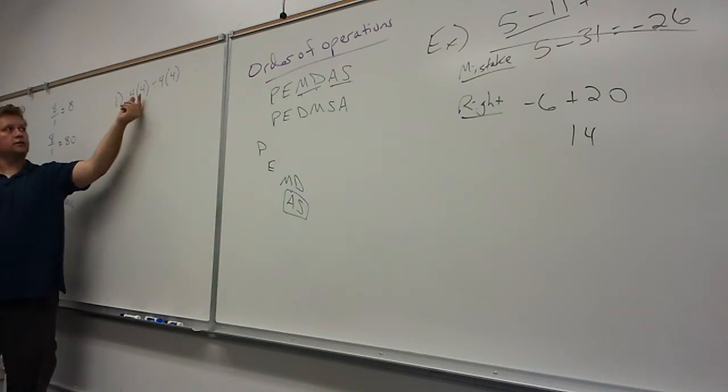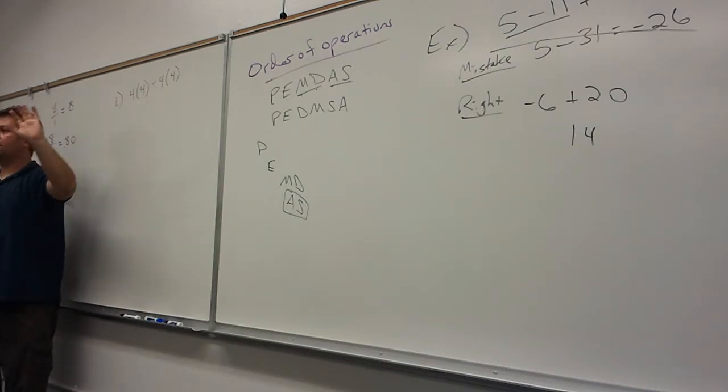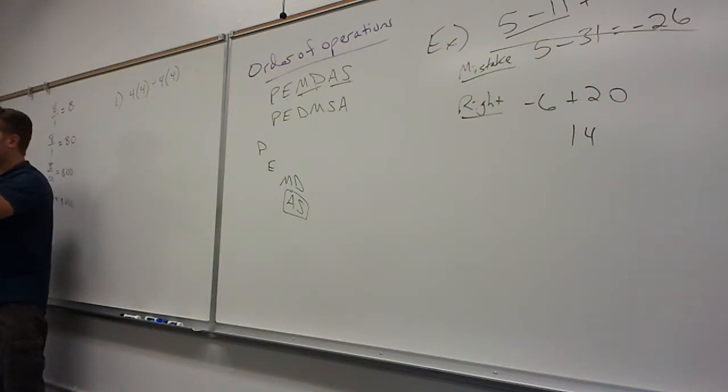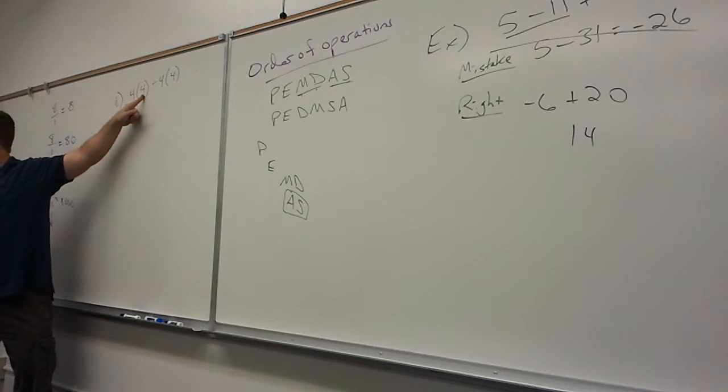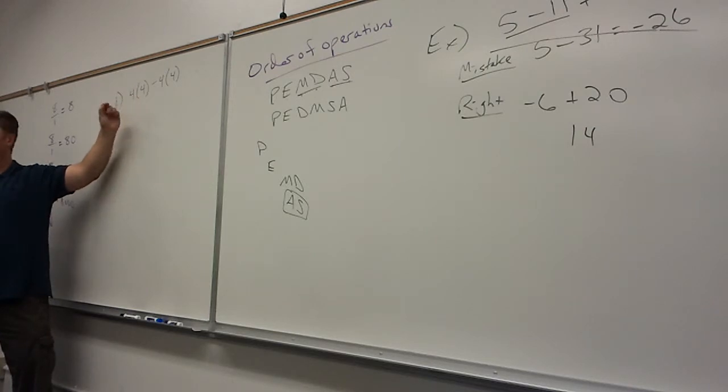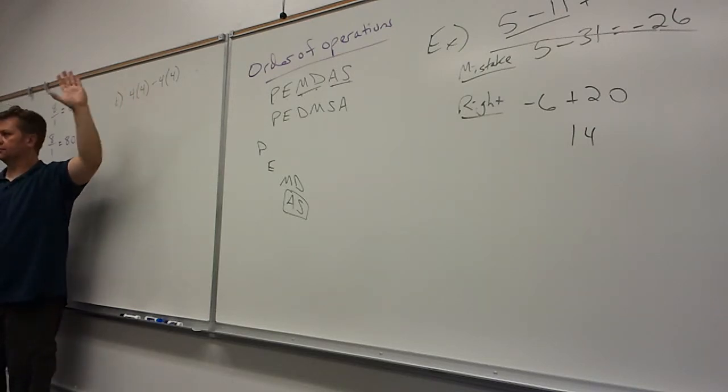Multiply. Now, when I say parentheses, that doesn't mean wherever you see parentheses, you do that first. That means whatever's inside the parentheses. So is there anything to do inside here? It's just a 4. Is there anything to do? No. So this is just multiplication. So who thinks they know the answer to this? 0?